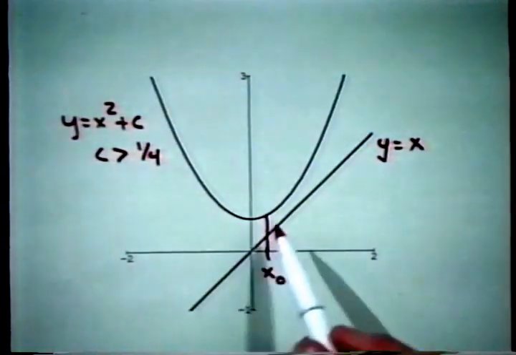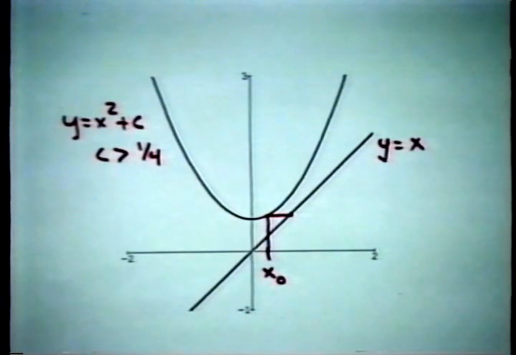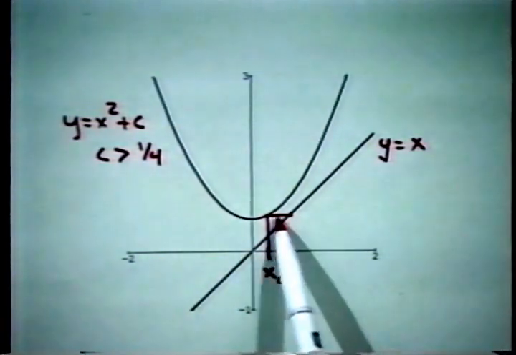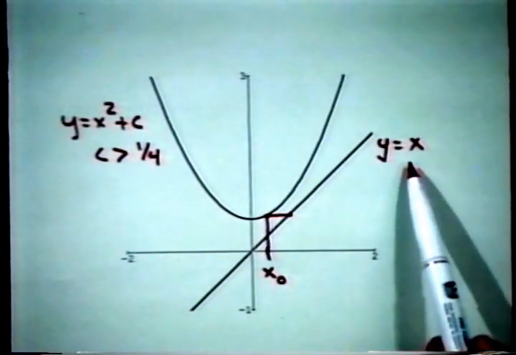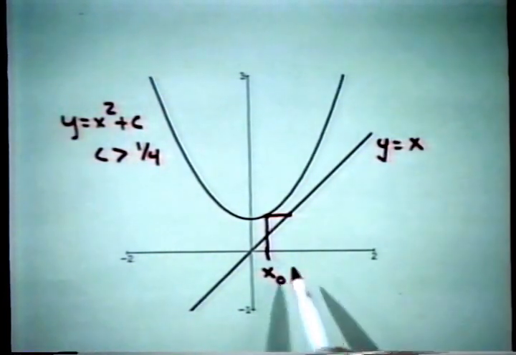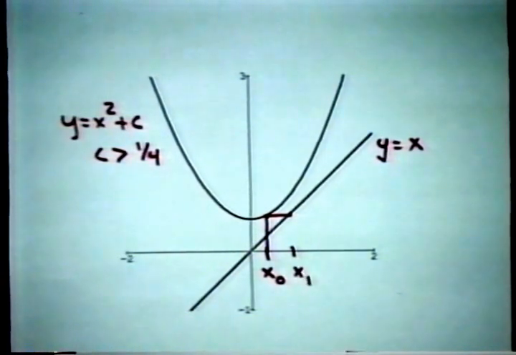So if I now draw a horizontal line back to the diagonal, I reach the point whose y-coordinate is x naught squared plus c, but whose x-coordinate is exactly the same. That is, I reach the point directly over the number x1, the second point on the orbit of x naught.